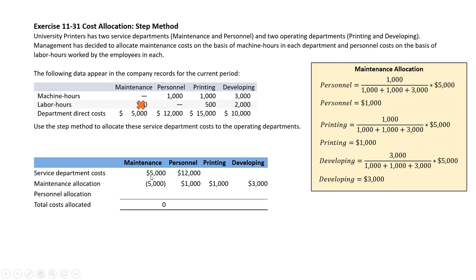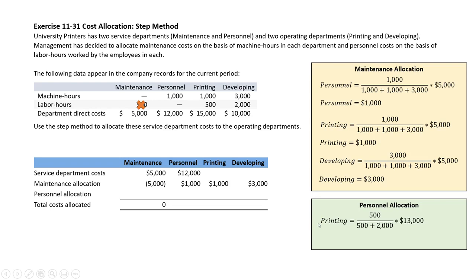So going through here again, our first step is to look at the department that provided the most relative effort to its other service department, and that's maintenance. We have allocated its $5,000: $1,000 to personnel, $1,000 to printing, and $3,000 to developing. We're not finished yet. Our last step is then to allocate our full cost of personnel to printing and developing, because again, we're not going to go back and allocate a portion of its efforts to maintenance.